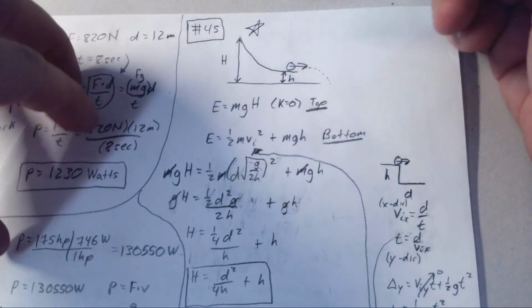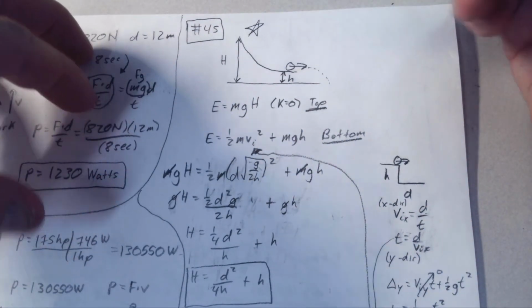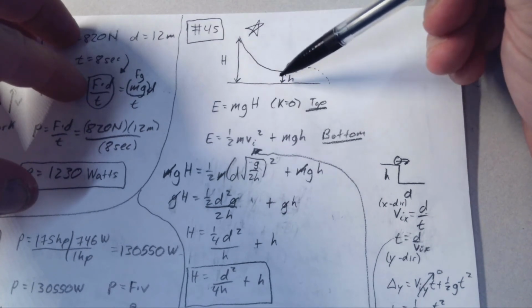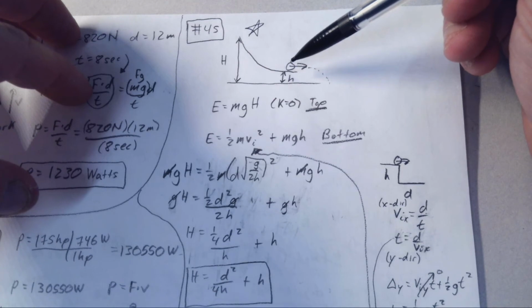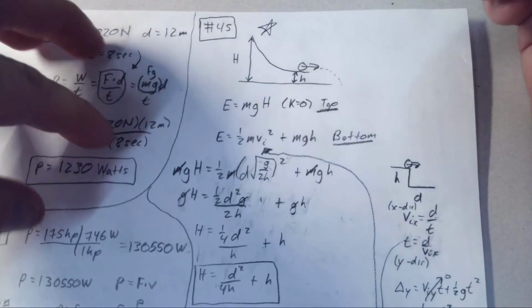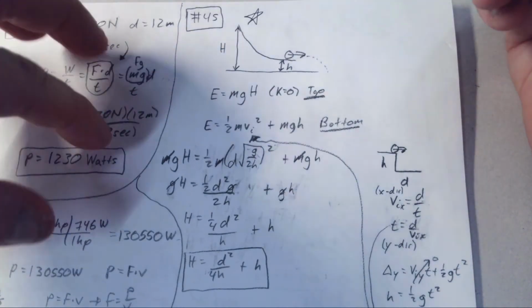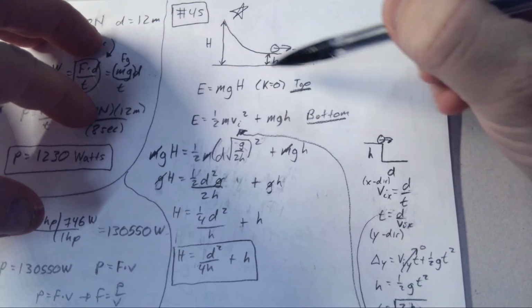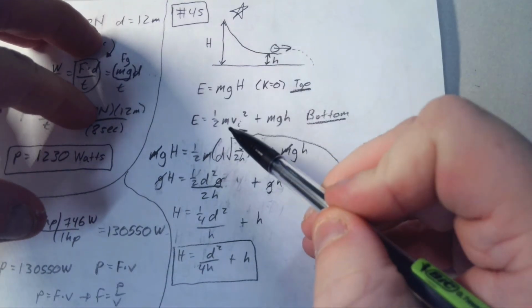So that means, since total energy doesn't change in an isolated system here, that anywhere along here, including the bottom, is equal to mgH. Now, there's equations here, but you can set the two equal to each other. At the bottom, we have kinetic energy because it is now moving, so 1/2 m v_i.